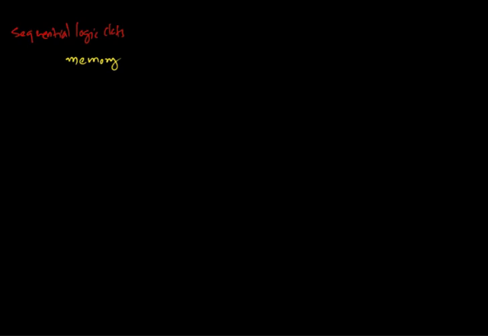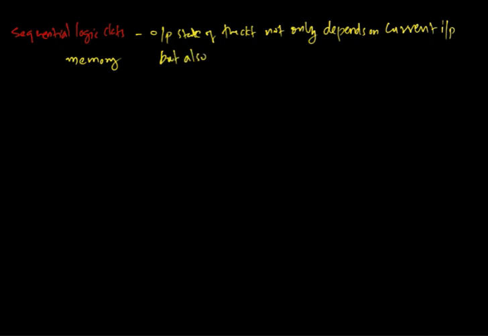So in sequential logic circuits, the output state of the circuit depends not only on the current input values but also upon the sequence of logic values that lead to the current input values.